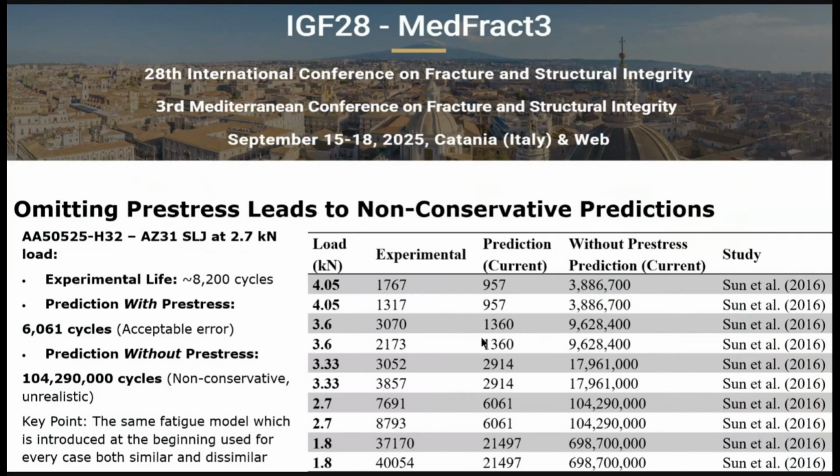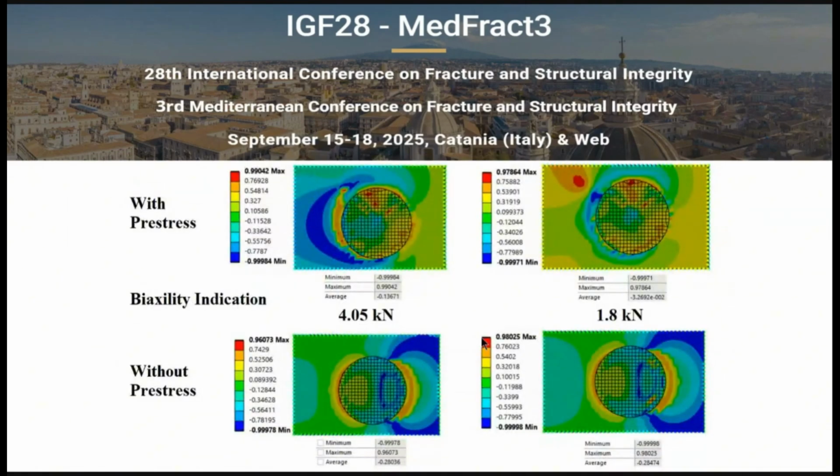We have a magnesium alloy and an aluminum alloy with a simple single lap joint. We have these cases with and without press stress, with the biaxiality indication distribution from ANSYS Mechanical.